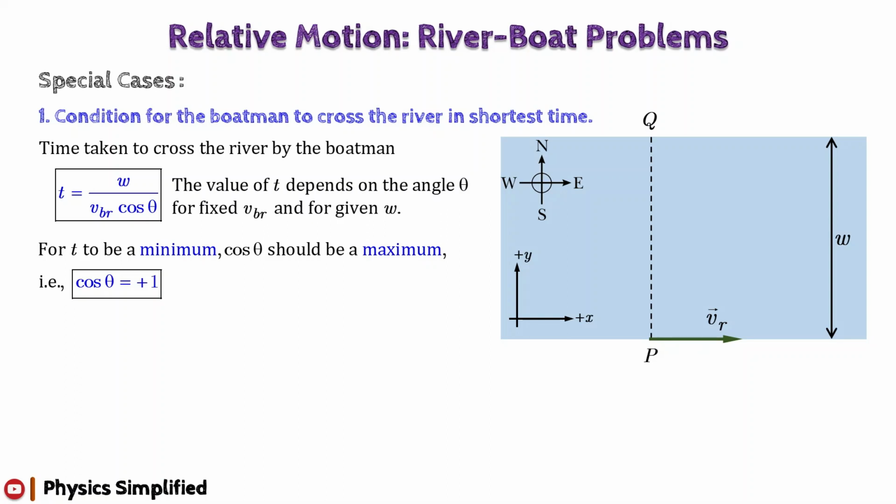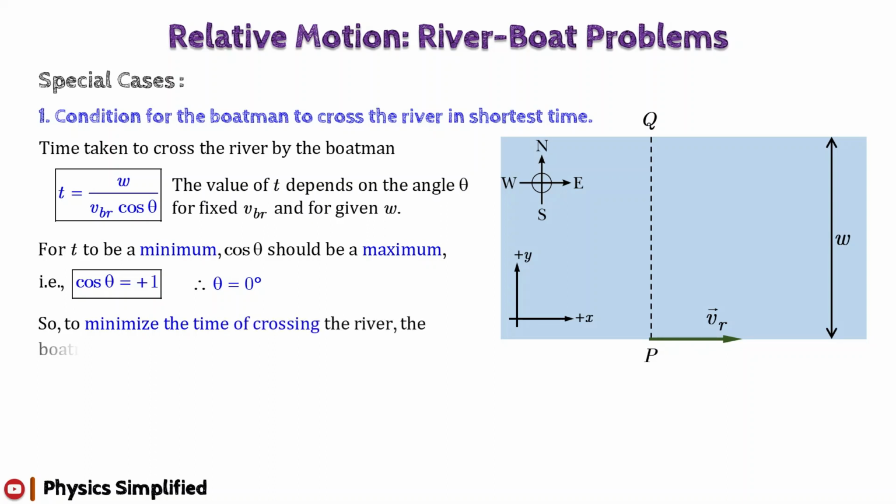We know that the maximum value of cos theta is +1. So, the value of the angle theta is 0 degree. Since this angle is considered with the line PQ upstream, hence 0 degree means along the line PQ. According to the figure, the line PQ is perpendicular to the flow of the river.